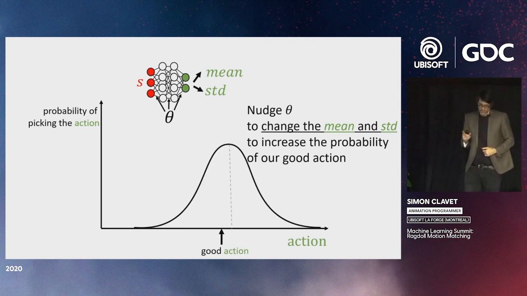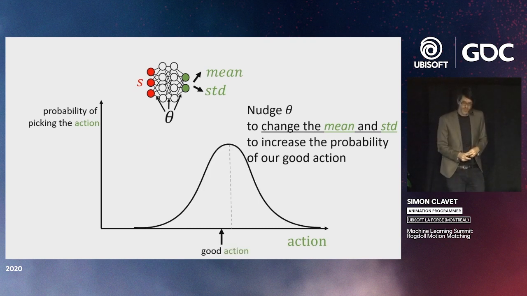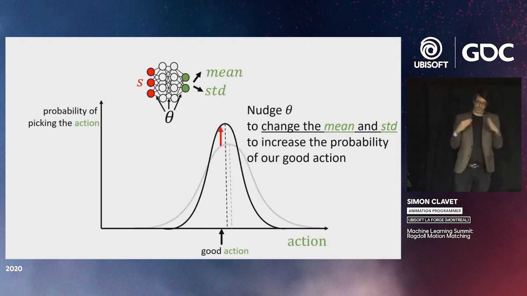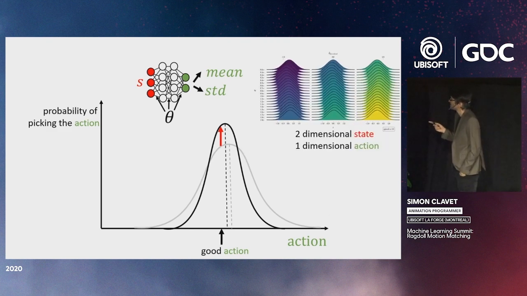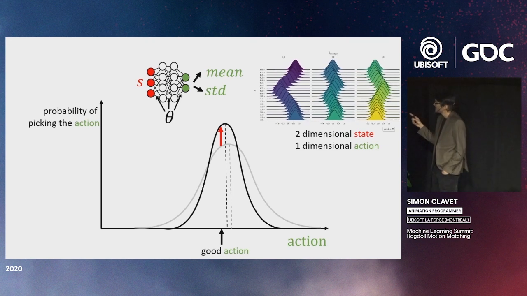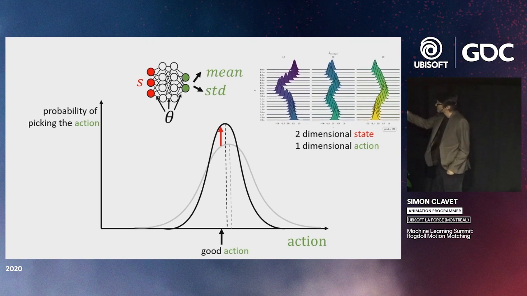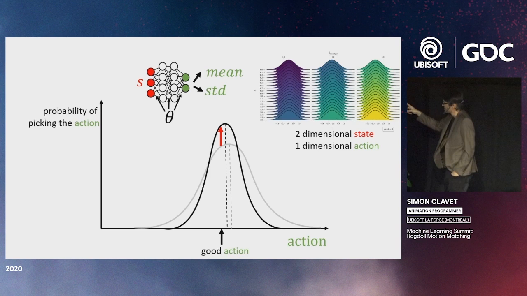And when the good action is close to the middle there, what's going to happen? It's going to get spikier, and this is where you're going to focus on the good solution. So when you have a 2-dimensional state and 1-dimensional action, you can have this fun little visualization here.